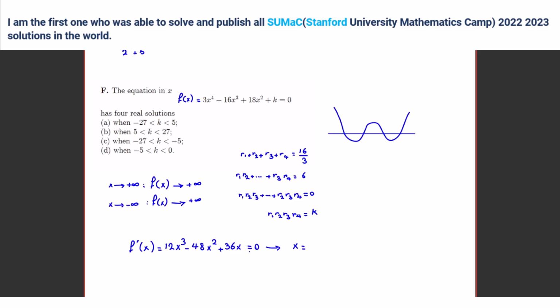We can take out an x and divide it all by 12, giving x cubed minus 4x squared plus 3x. We can factorize it into x times (x minus 3) times (x minus 1). So we have 3 roots for f prime of x. You can use this to solve the problem.